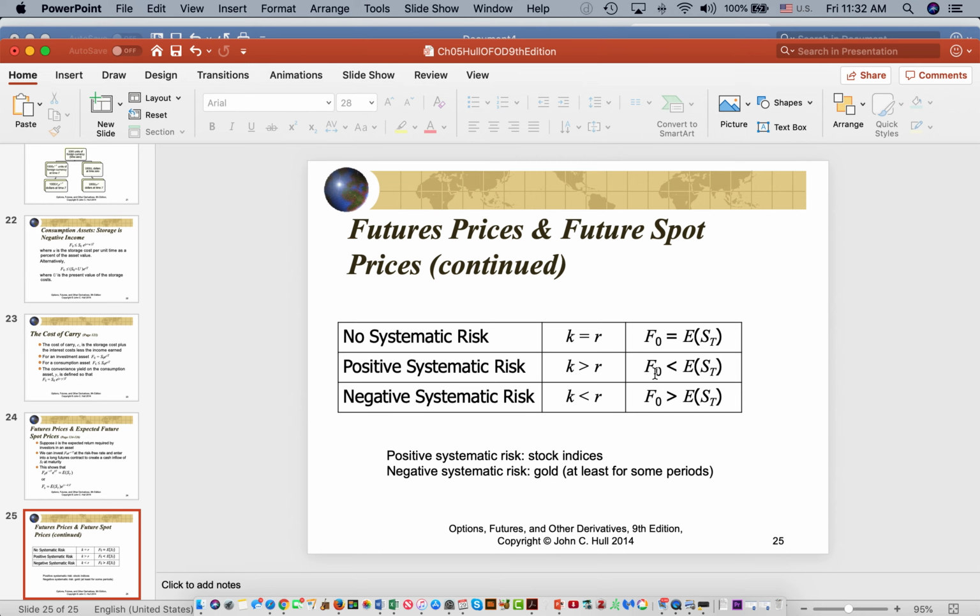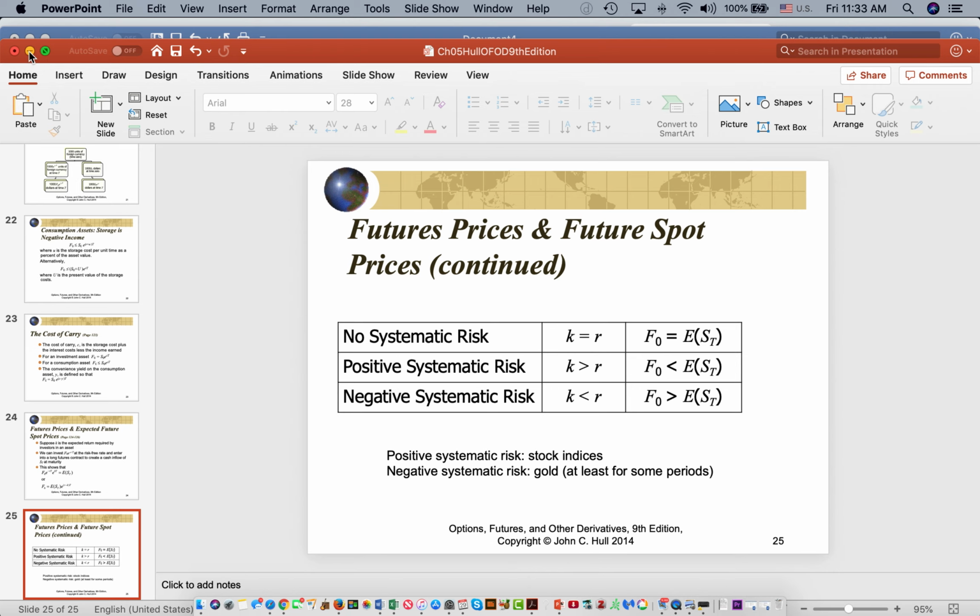And then this is the normal backwardation part of it when K is greater than R. That means the riskiness is greater and the risk is transferred, therefore it has to be F sub 0 less than E(S_T). Negative systematic risk is the normal contango where F sub 0 is greater than E(S_T). So that is from chapter 5, the places that you have to emphasize.